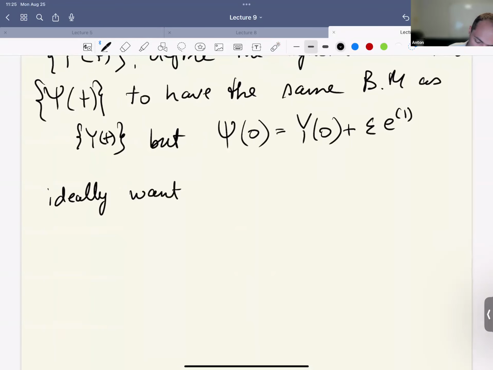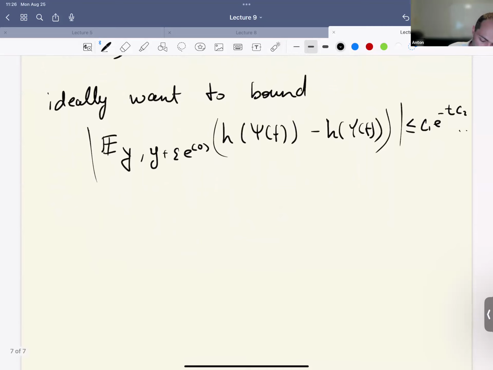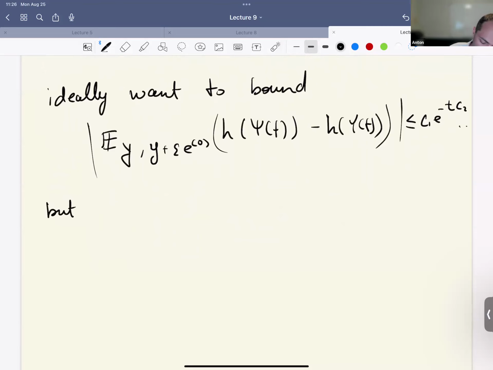Ideally, we want to bound the expected value, with initial condition on y and initial condition on psi, of h of psi of t minus h of y of t, say less than or equal to something like c1 e to the negative c2 t.